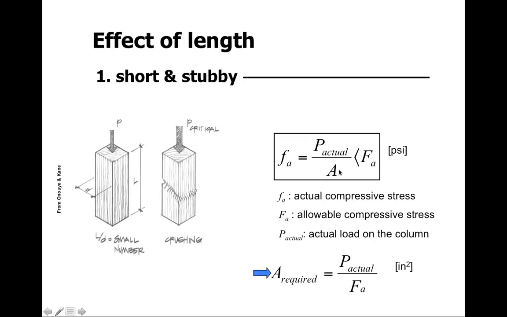Well, P over A is our formula for stress, what we're familiar with, as in pounds per square inch or something of that sort. So if we know what our P is, we can size our A, or the area, so that we have sufficient bearing area on that short, stubby column, so that the value of F sub A here is less than the allowable compressive load.